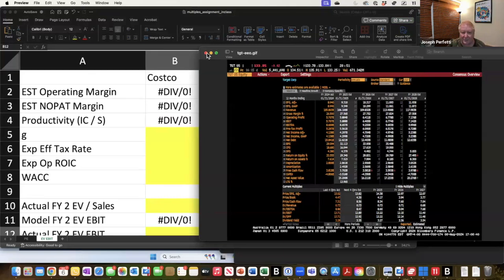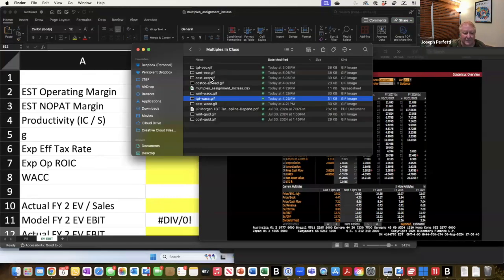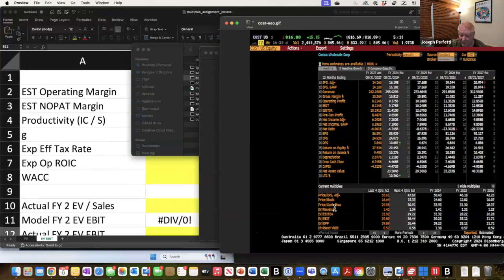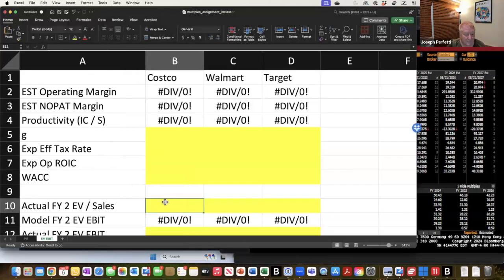Costco. All right, second forward year, EV to revenue, 1.32. EV to revenue, EV to sales, basically same thing, 0.32.